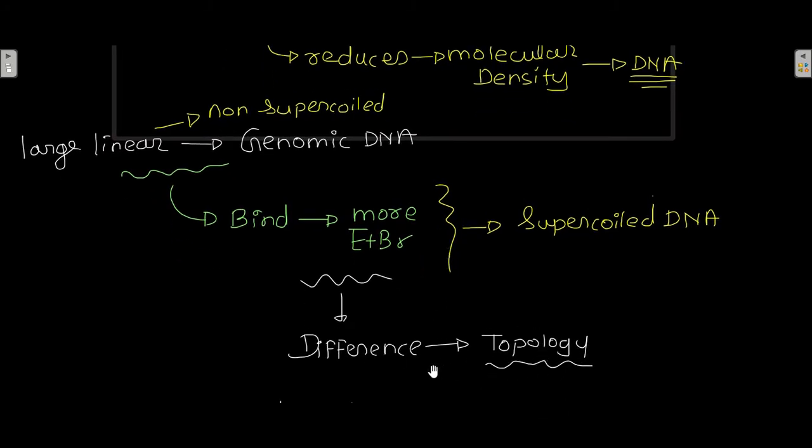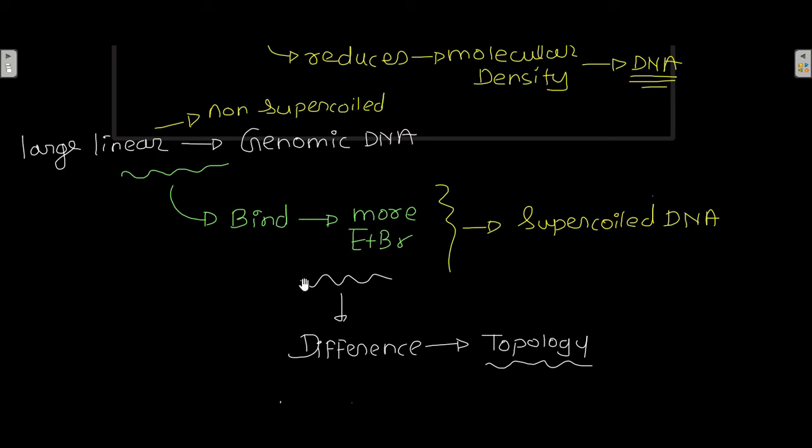That is, there will be a difference in their molecular density. After the addition of EtBr, the molecular density of the genomic or bacterial DNA and the molecular density of your plasmid DNA will differ, and we will use that difference in topology to separate the supercoiled plasmid DNA from the large linear genomic bacterial chromosomal DNA.